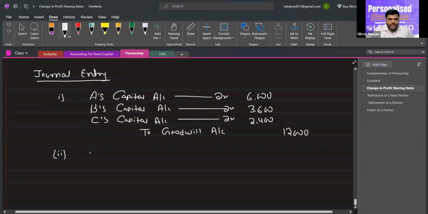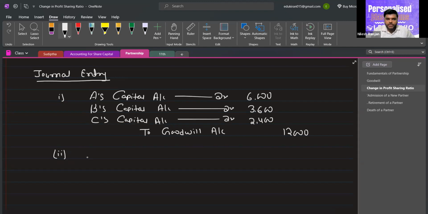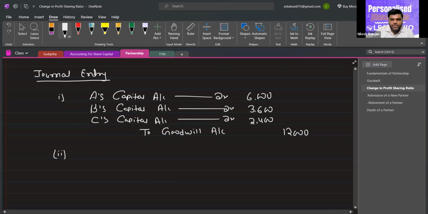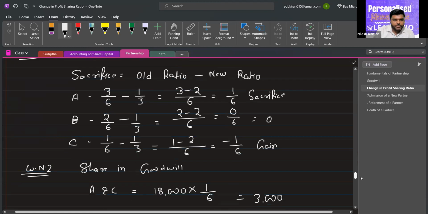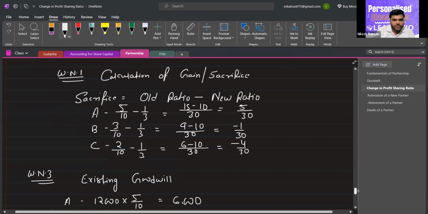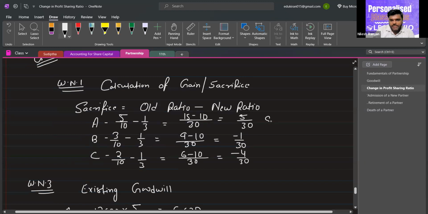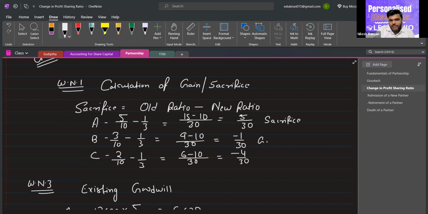Now, the second for valued goodwill. In case of valued goodwill, what we do is credit the gaining partners' capital to sacrificing partners. Here the sacrificing partner is A, and both B and C are gaining partners.